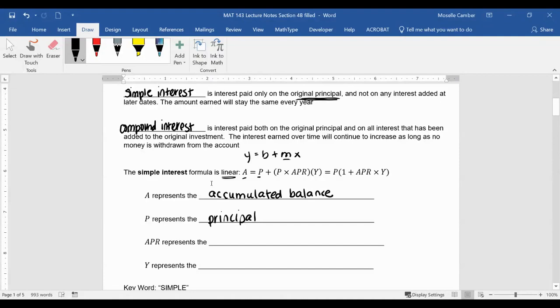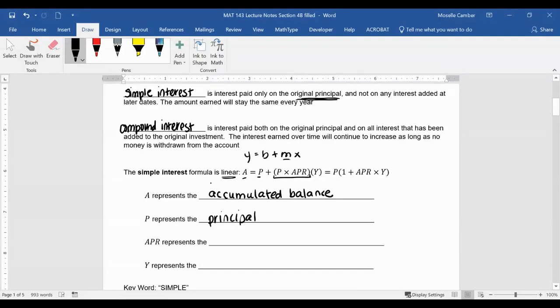Now, in the previous module, we would either have points given to us to find the slope, or we would be given the rate. In this case, we're not given the actual number that it increases or decreases by. Instead, we're given a percent. This is one of those cases where it's a percent of something, which makes it linear rather than a percent increase. So to find that number, we have to find the percentage of that principal.